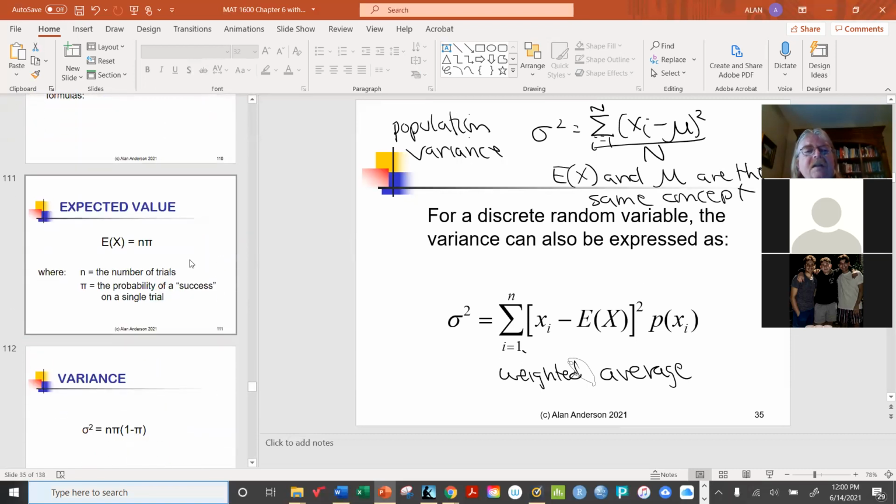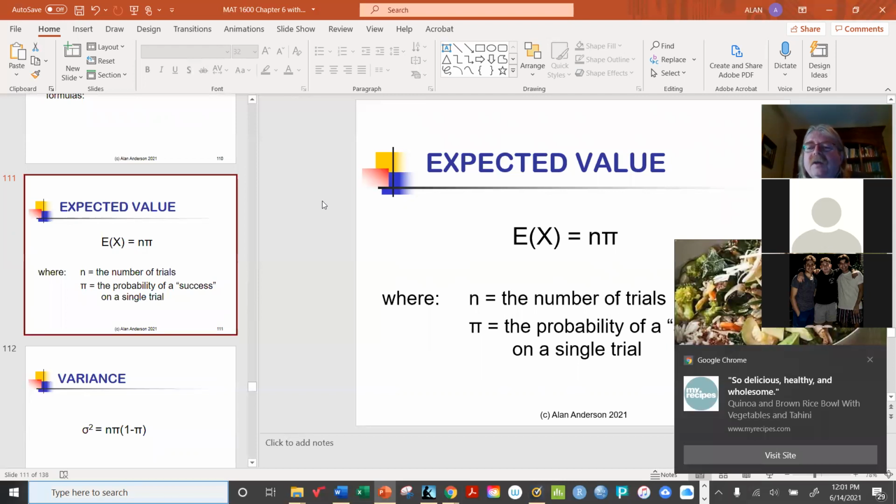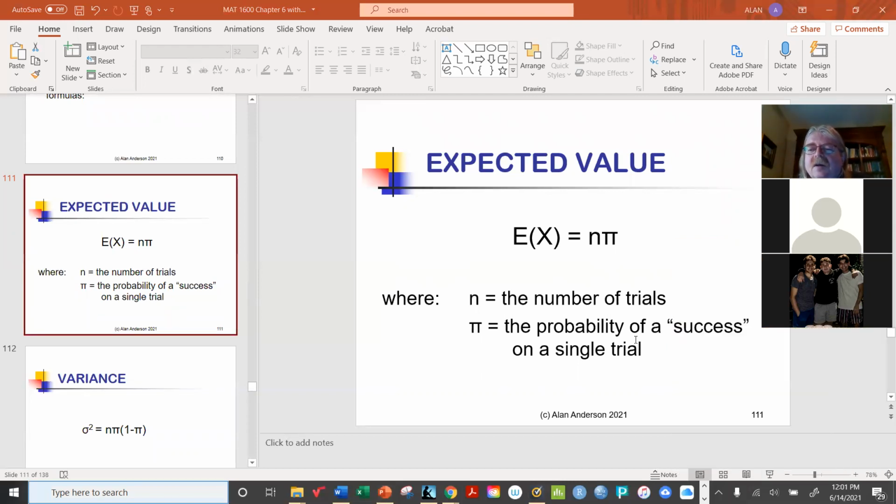So for example, the expected value means you take the number of trials and multiply by the probability of success. Now, how easy is that? It's crazy easy compared to what we had to do before. Even with just 3 outcomes, it took a while to get that number.